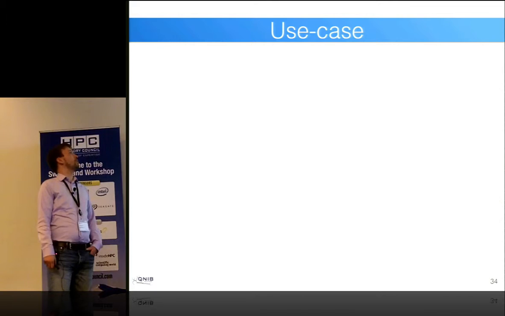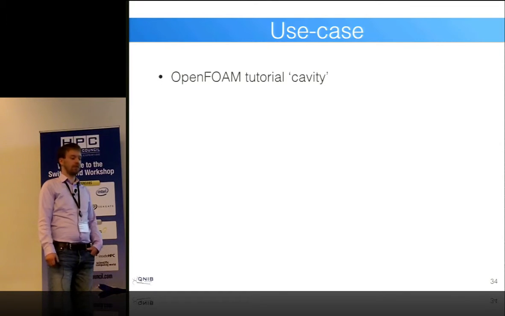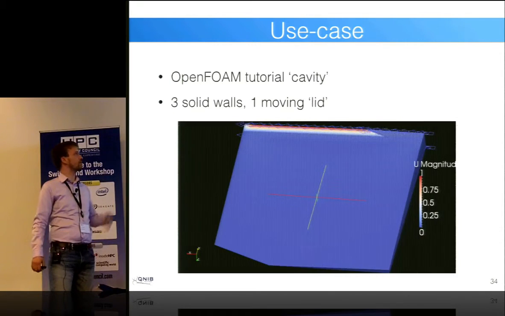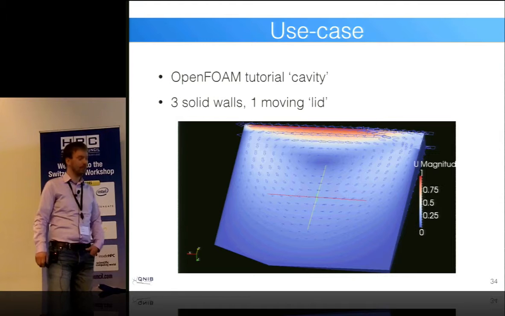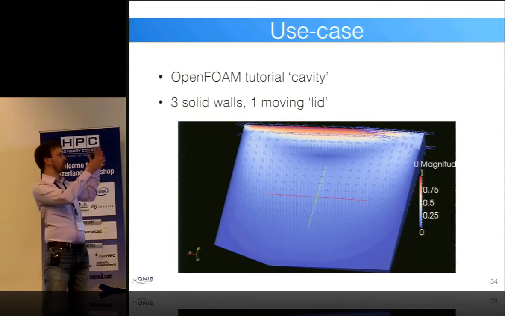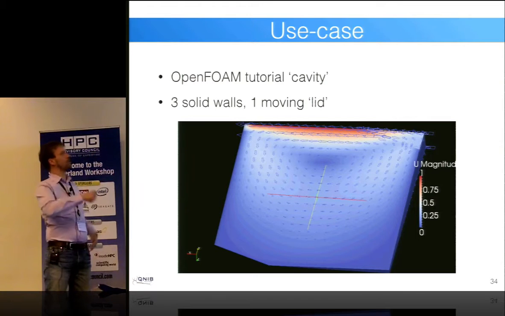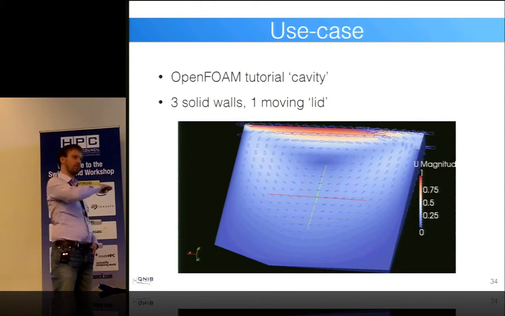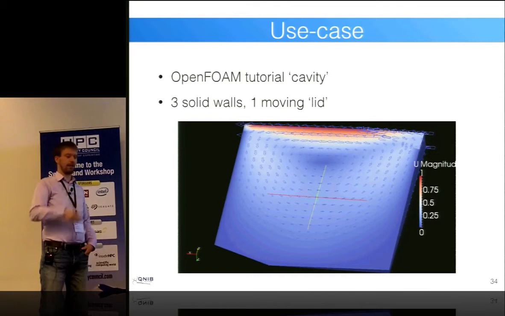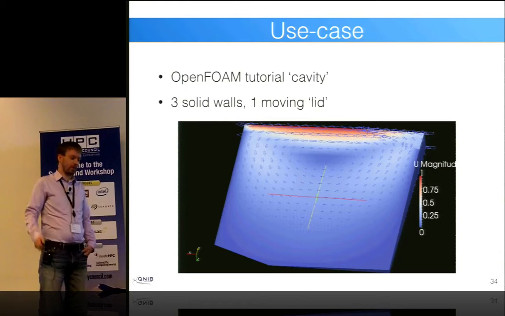As a use case, I used the OpenFOAM tutorial cavity, where you have 3 solid walls and 1 moving lid. I have a nice video of this, very short, but you can see what's going on here. We have 3 solid walls and 1 lid that's moving with 1 meter per second above this, and the fluid dynamics within this cavity case is what's rendered.